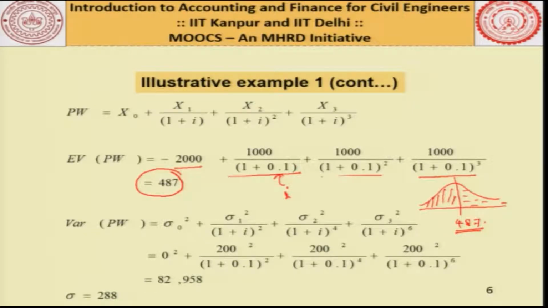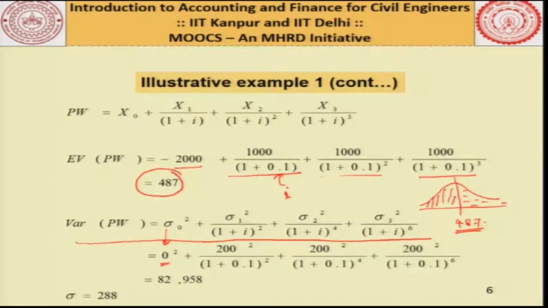So, if you go back to the variance formula, it is sigma 0 square plus sigma 1 square upon 1 plus I raised to power 2 plus sigma 2 raised to power 2 upon 1 plus I raised to power 4 plus sigma 3 square upon 1 plus I raised to power 6, because my duration is only up to 3 years.